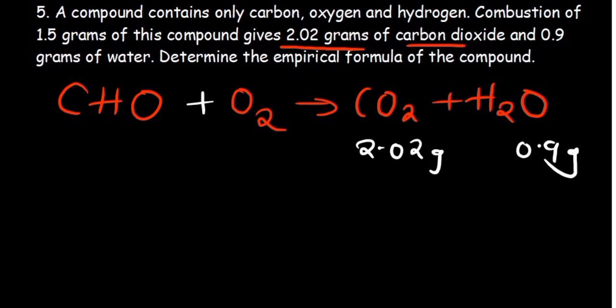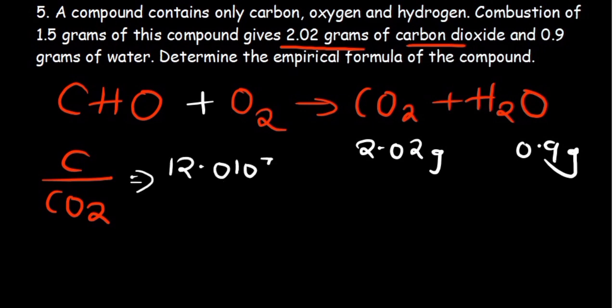Using the ratios, if you look at carbon dioxide, in carbon dioxide you have a single carbon atom. So come up with a ratio there. The molar mass of carbon is 12.0107 over the total relative molecular mass of the compound.